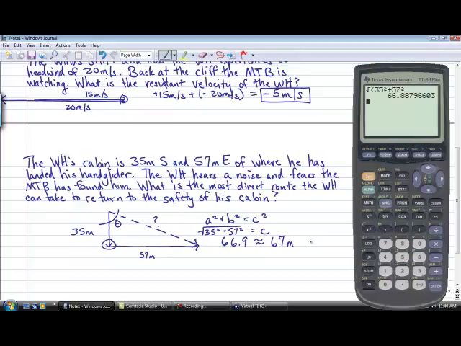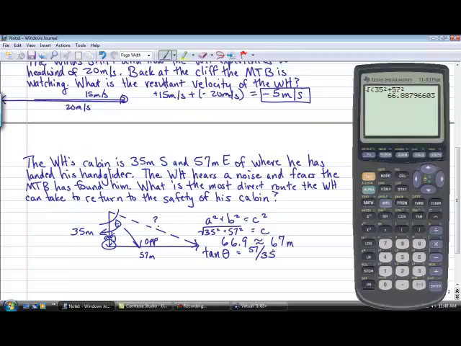So this is just one way to reduce error. So I'm going to use tangent, and I'm going to say the tangent of theta is equal to the opposite divided by the adjacent. So that gives me 57 divided by 35.